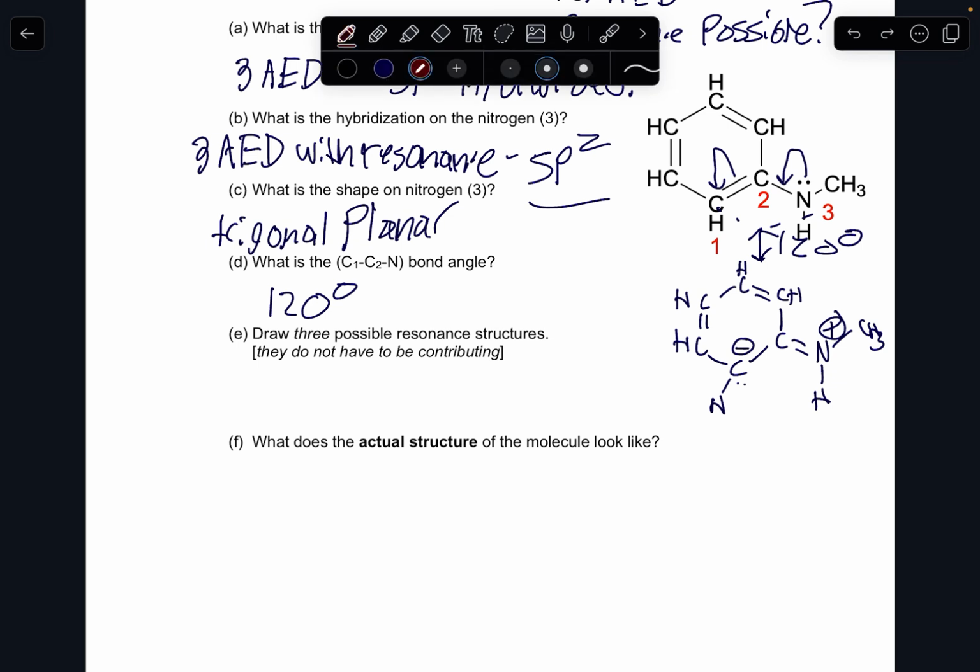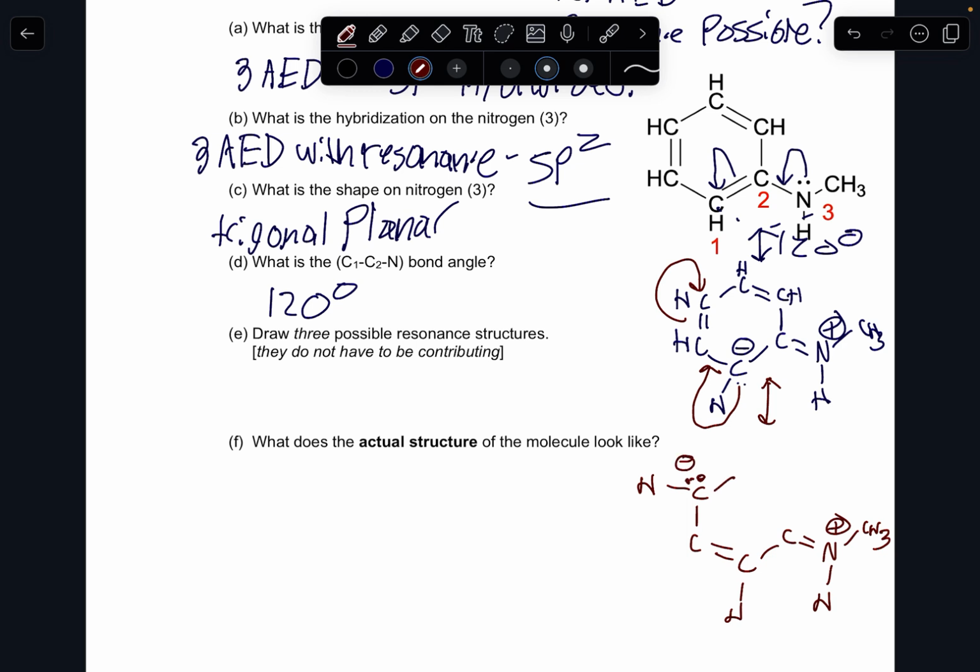I'll change colors. So we can push these electrons like this, to get this negative charge on that carbon.